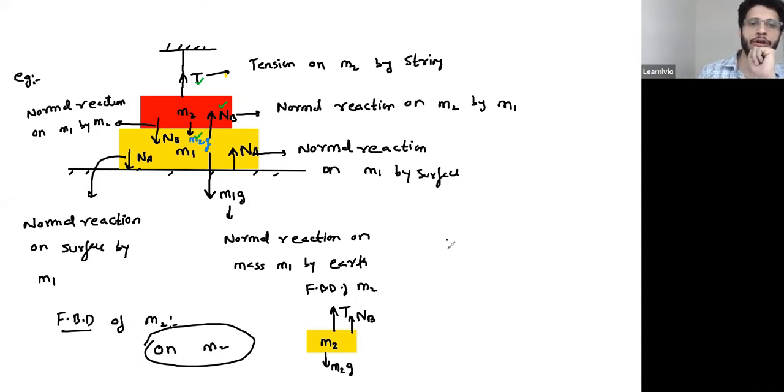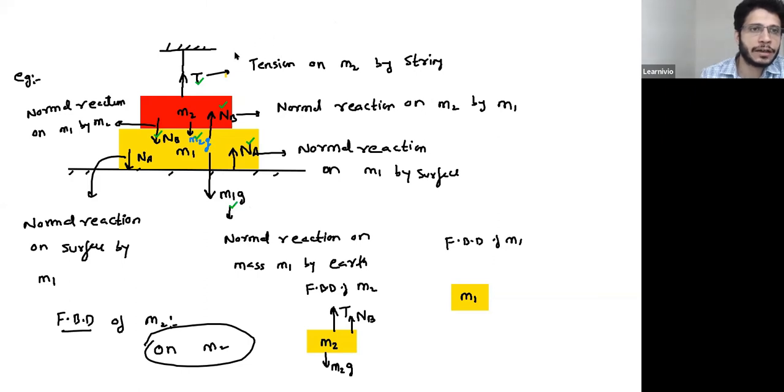Now just tell me the number of forces acting on M1. I don't consider this force, the reason is this is not on M2, this force is by M2. Now tell me the number of forces which are acting on M1, FBD of M1. One force, second force, third force, right?